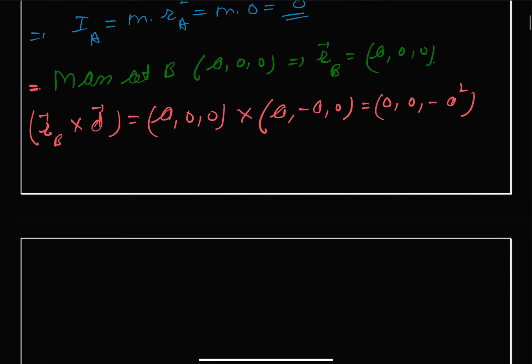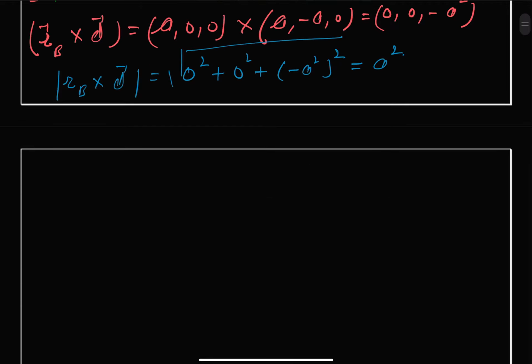And we are interested in its magnitude, so r of B cross d, its magnitude will be the square root of 0 square plus 0 square plus minus A square whole square. This will be equal to A square.